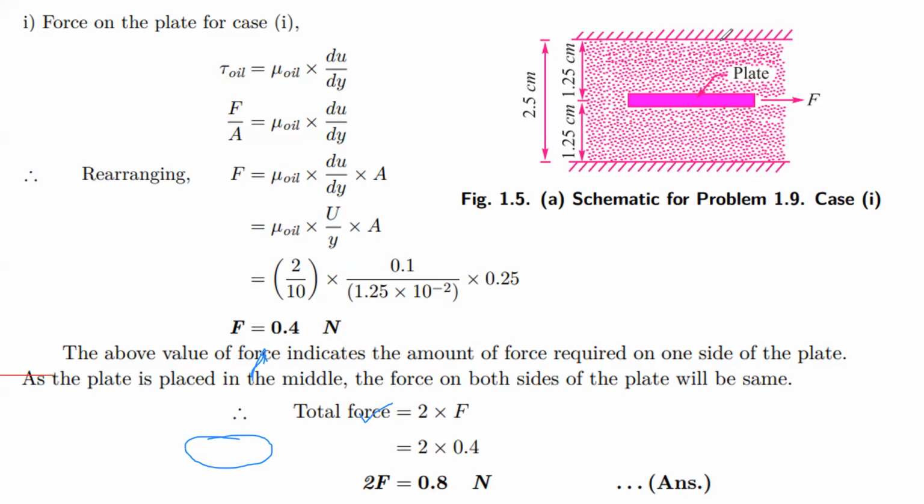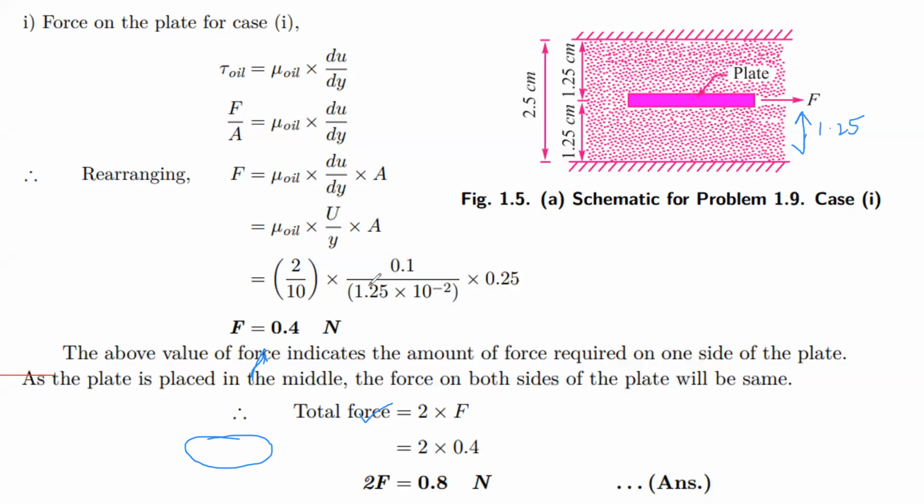So why is it 1.25? Because you see that the total gap they have given is 2.5 centimeter, but from the plate on one side the distance is 1.25.